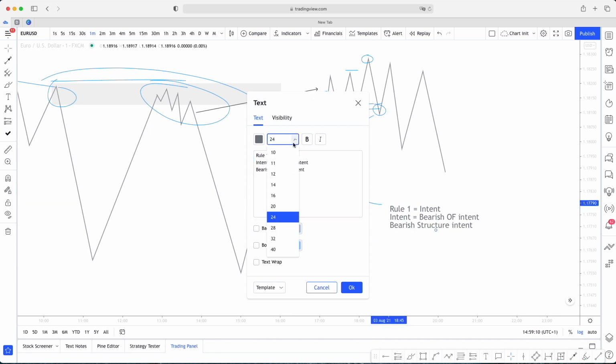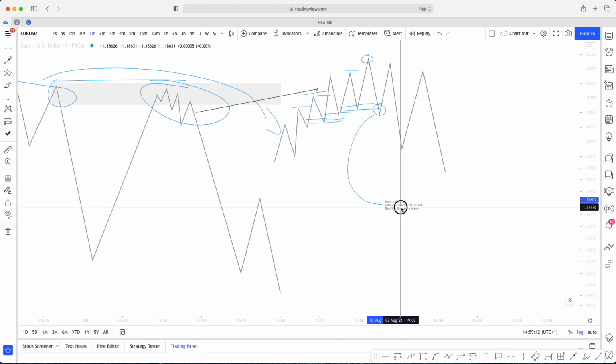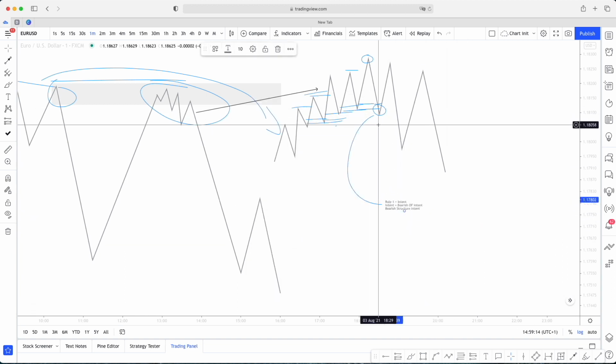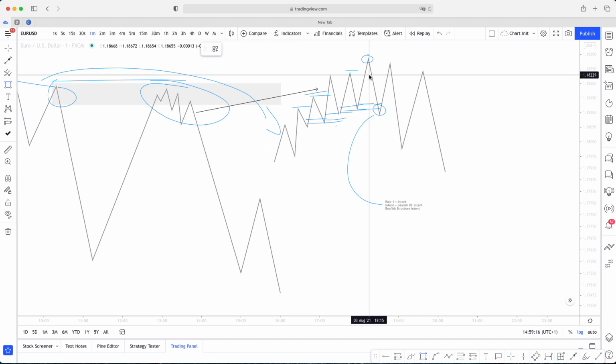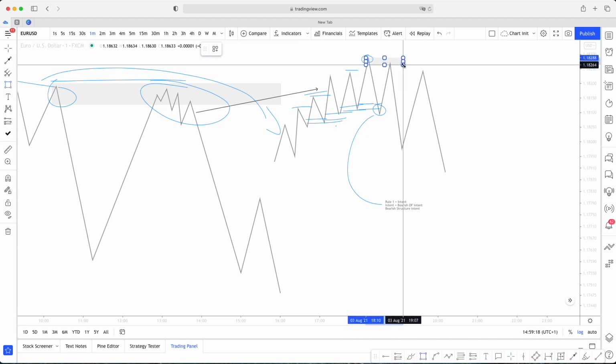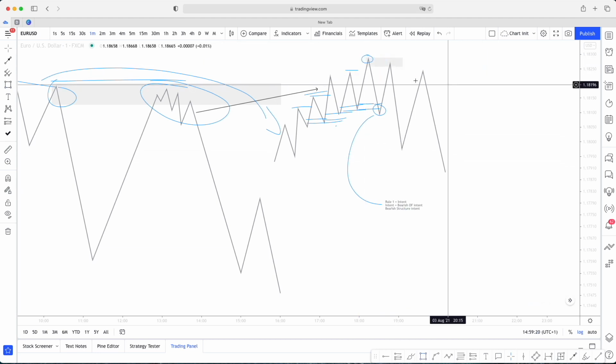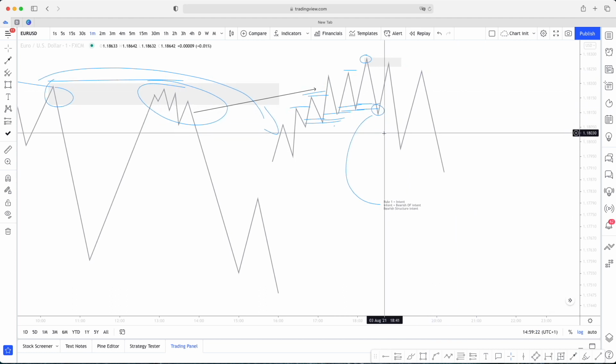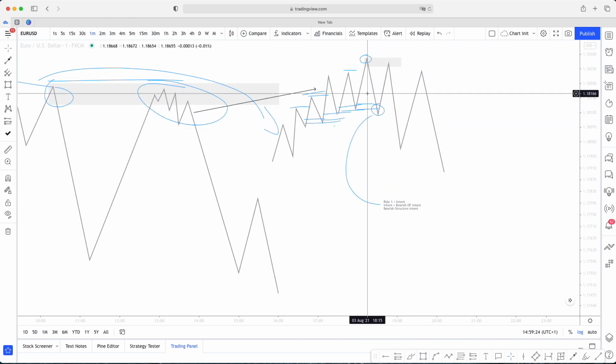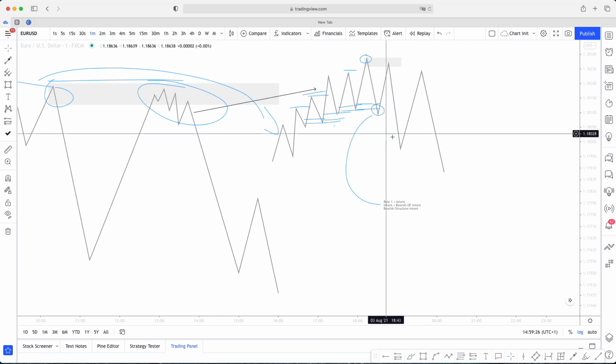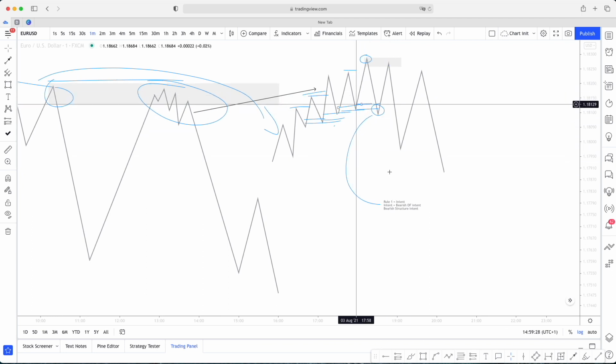Okay, that's what the intent is. So what that means is that we have to potentially be alert that price could change in trend here, purely because we have the fractured order flow and the breaking structure.